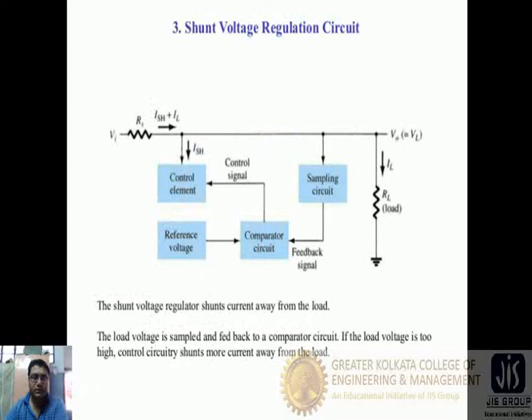Now comes the shunt voltage regulating circuit. It is the block diagram of a shunt voltage regulating circuit.